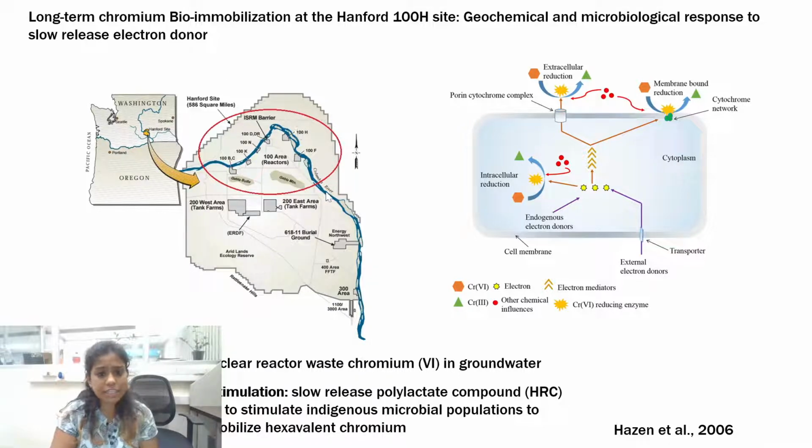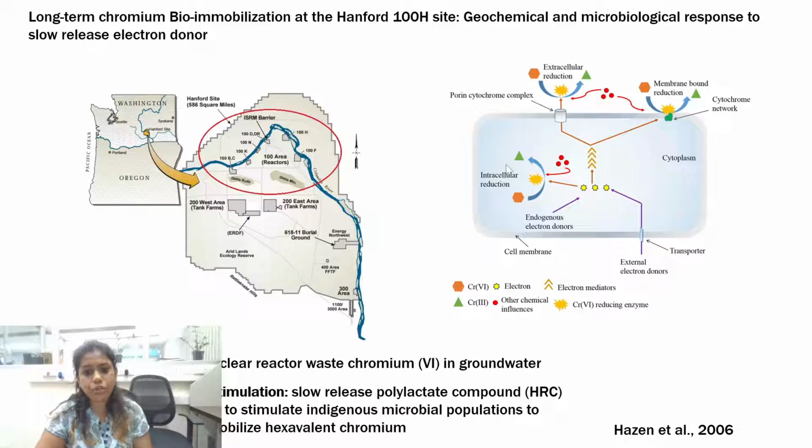You can see in this picture, this blue color is the lake, and this is where Hanford is, and a lot of waste from the Hanford nuclear power plant reactors gets mixed into it.